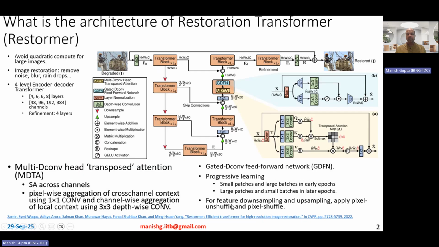pixel unshuffle mechanism. What this means is that with your h cross w image, you have to reduce the height and width by 2. So what you do is take the remaining pixels. You're reducing the pixels by 4 times in total, but you take all of those values and stack them along the channels, thereby increasing the number of channels in your image, while reducing the overall width and height of the image.